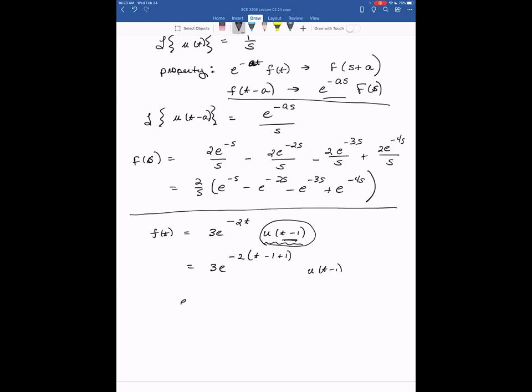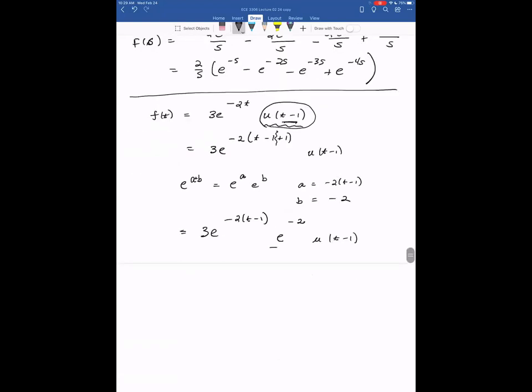Then remember that e to the a plus b is e to the a times e to the b. So if I let a be minus 2 of t minus 1, and I let b be minus 2, then I can split this exponent into two parts. Basically it's going to be 3e to the minus 2 times t minus 1, e to the minus 2, u of t minus 1.